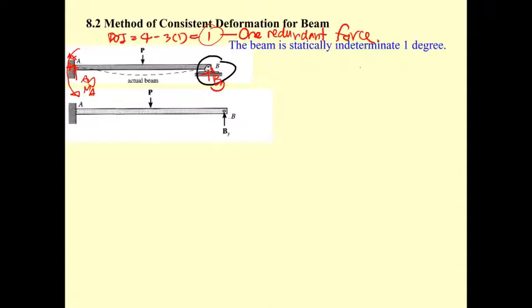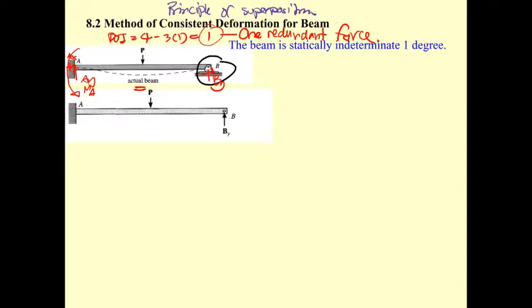Now we change this one to this one. To do that, we need to go back to the basics that we mentioned before. This is based on the principle of superposition.